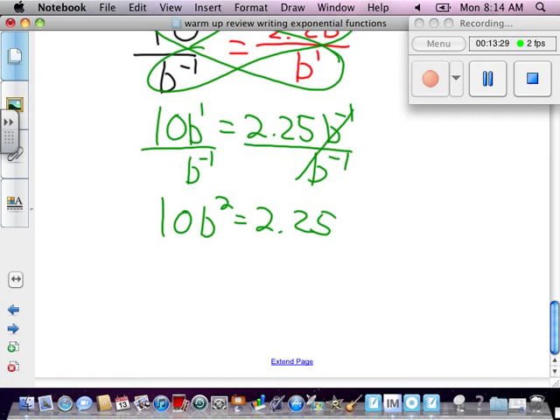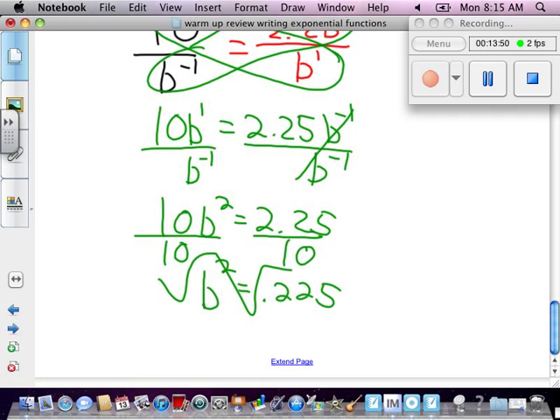I got to get b alone. So you're going to divide. B squared equals 0.225. And then what is my last step to get b alone? Square root. Good, because we have a 2, so we're square rooting.